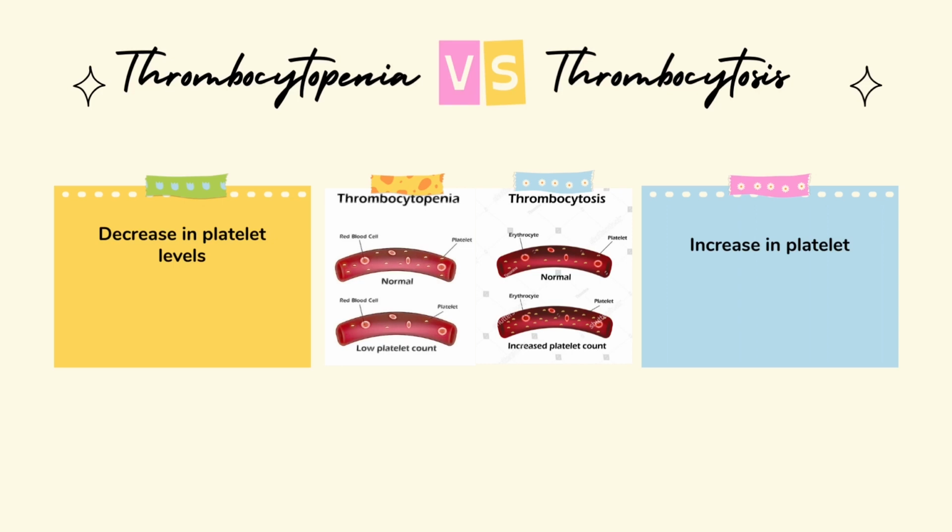So with thrombocytopenia, you have a decrease in platelets, while with thrombocytosis, you have an increase in platelets. I've included a picture in the middle to kind of give you a visual. As you can see from the picture, they both include a normal and then the low versus the increased platelet count.